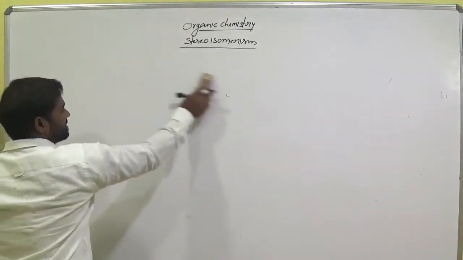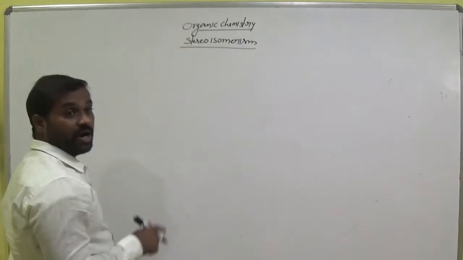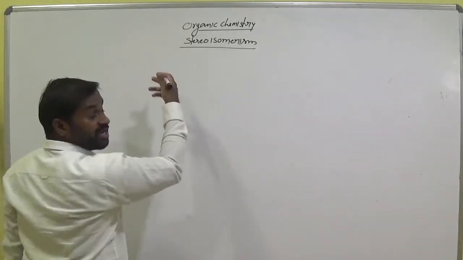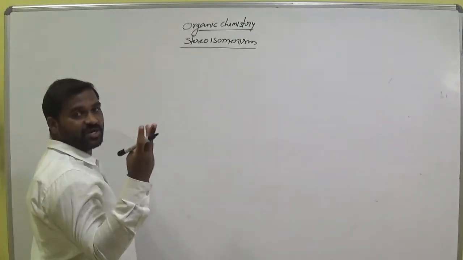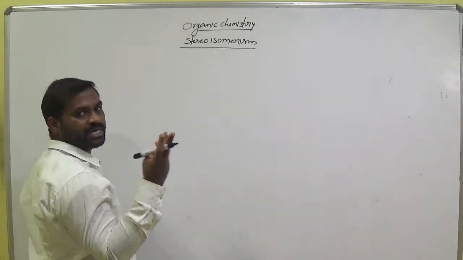Now let us come to configurational isomerism. Stereoisomerism is again classified as two types: one is configurational, the other conformational. We are discussing configurational isomerism.